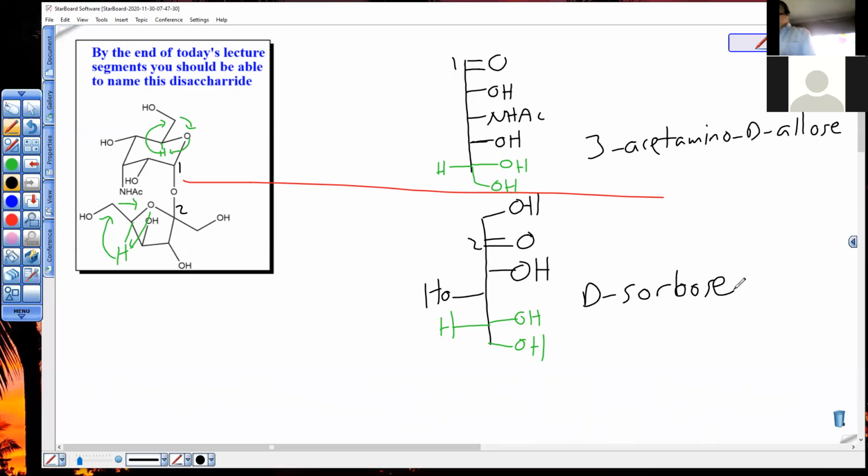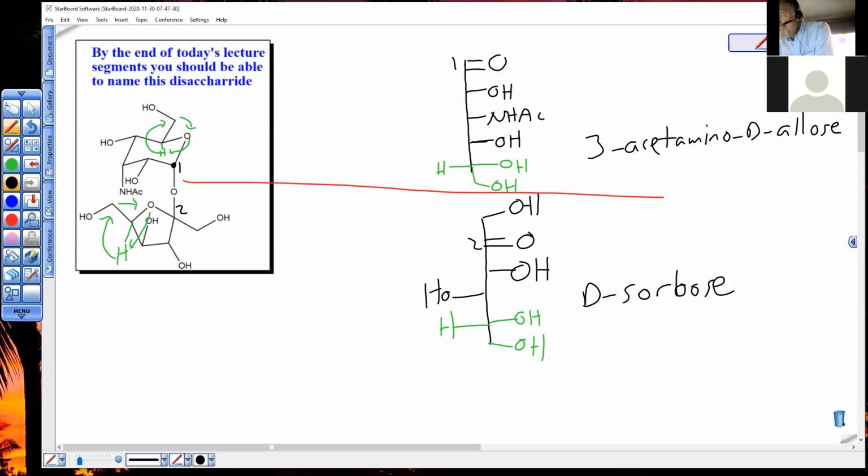But that's not the name of the disaccharide, is it? Up on top, the anomeric O is this O. How do I know that's the anomeric position right there? It's the only carbon bonded twice to oxygen. All other carbons were just alcohol carbons from the original sugar.